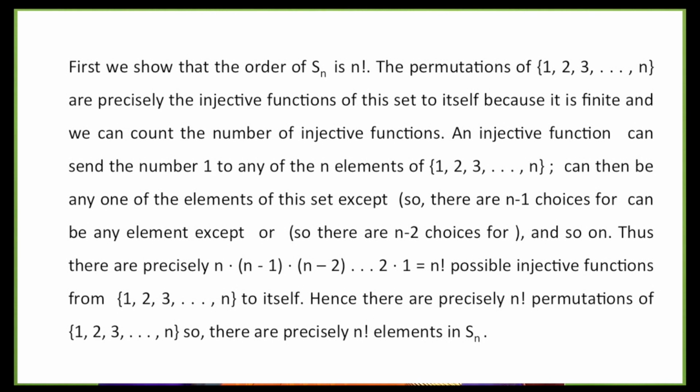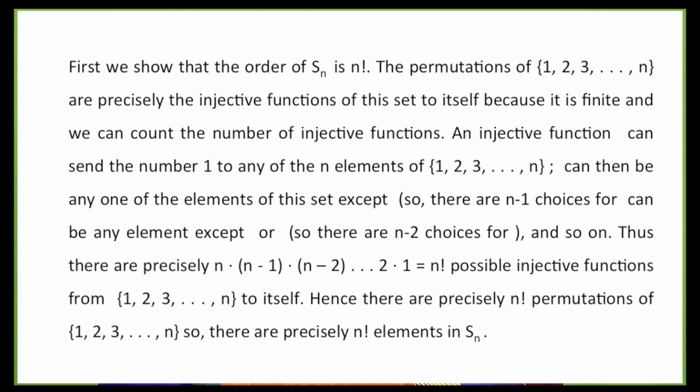So, there are n minus 1 choices for sigma 2. Sigma 3 can be any element except sigma 1 or sigma 2, so there are n minus 2 choices for sigma 3, and so on.